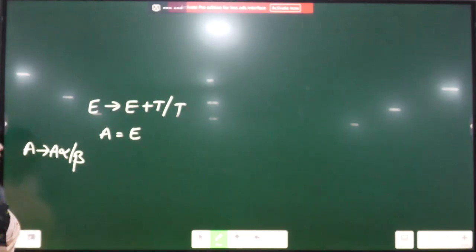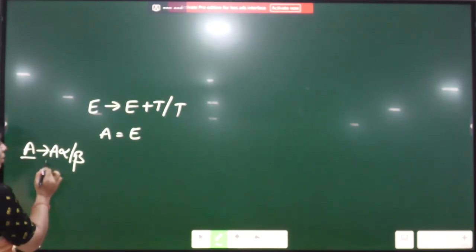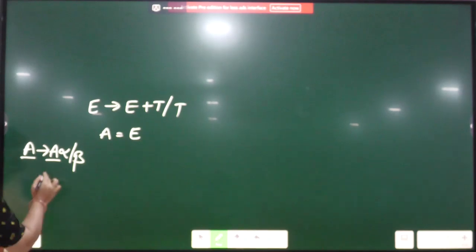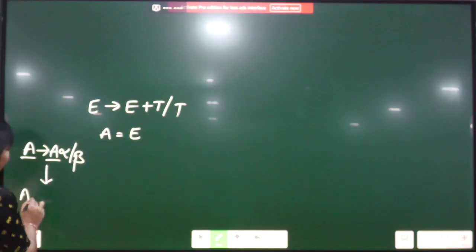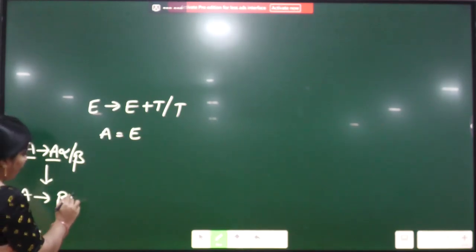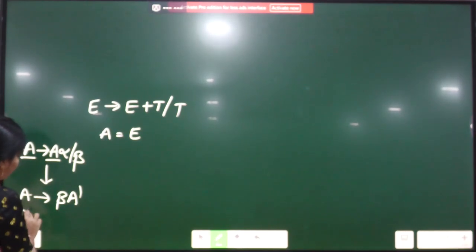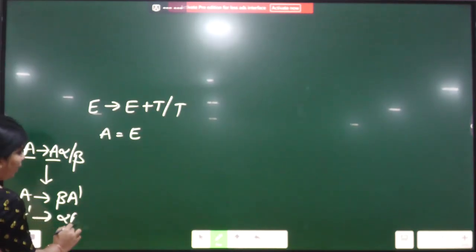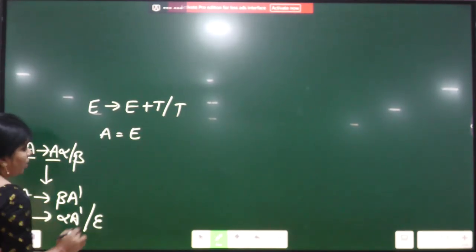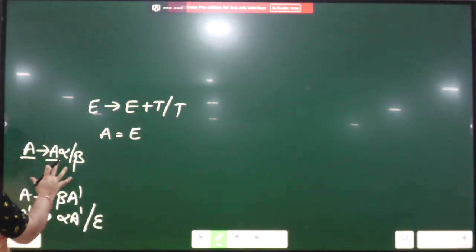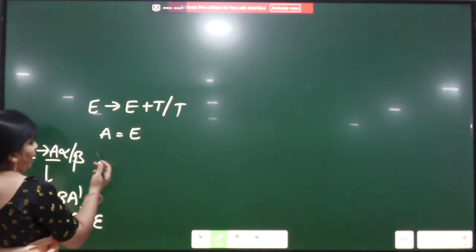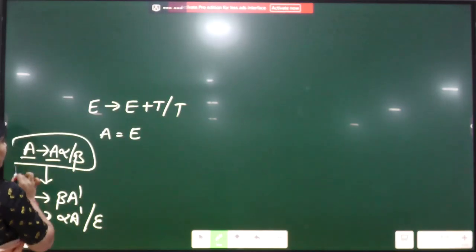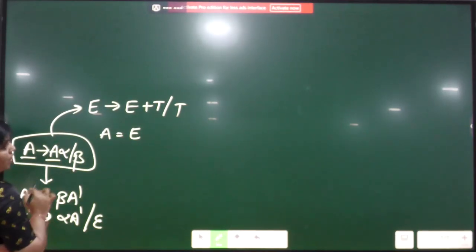If the production is in this format, we can say it has the left associativity problem, so we should rewrite this production as A tends to beta A dash, and A dash tends to alpha A dash or epsilon.